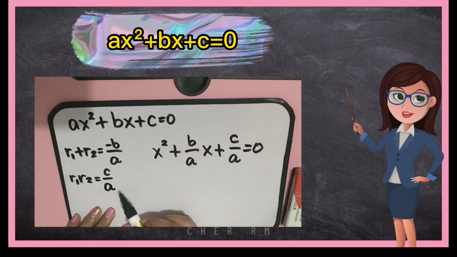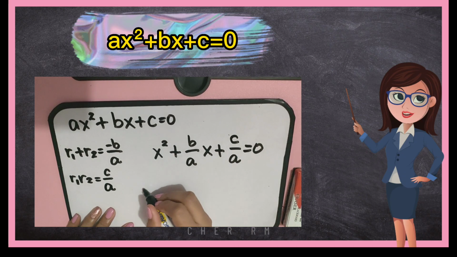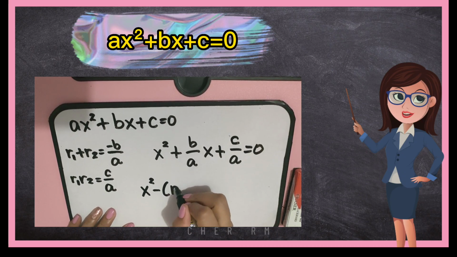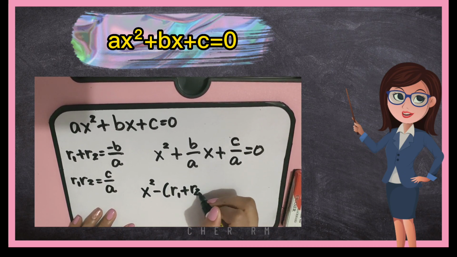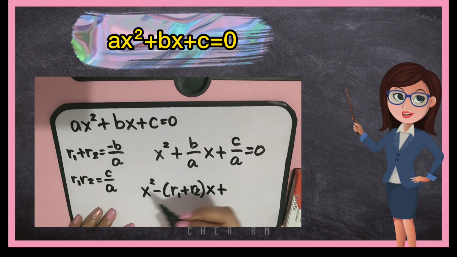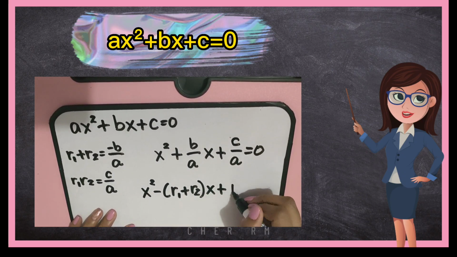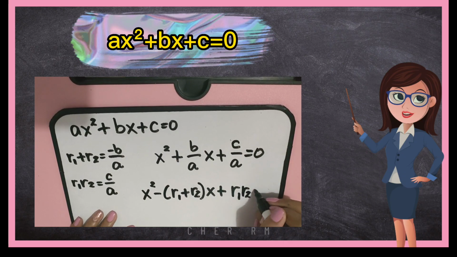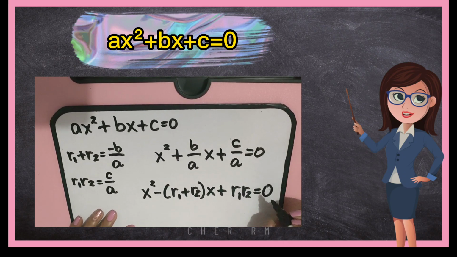So we have the equation now: x squared minus parenthesis r sub 1 plus r sub 2 x plus r sub 1 times r sub 2 equals 0.